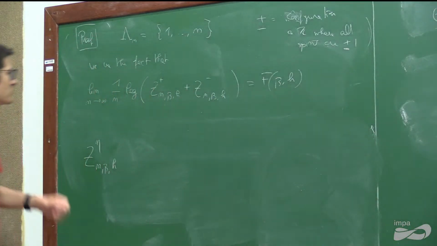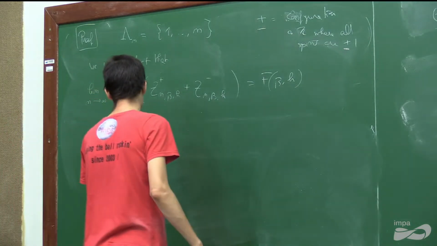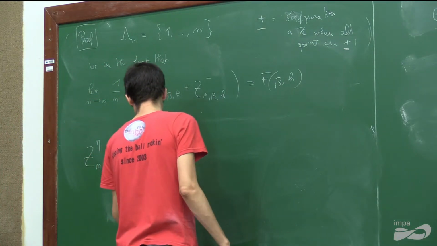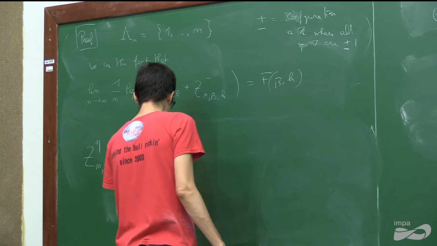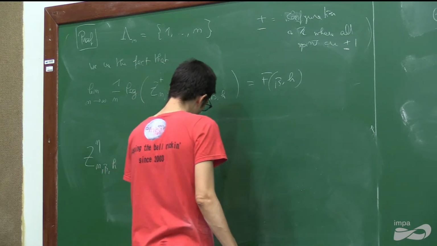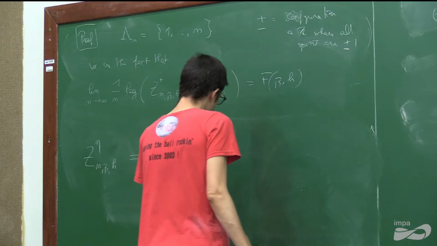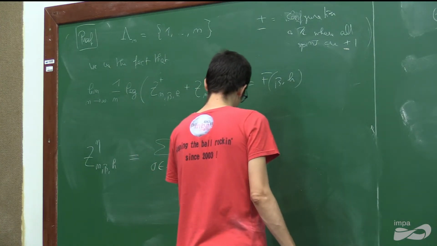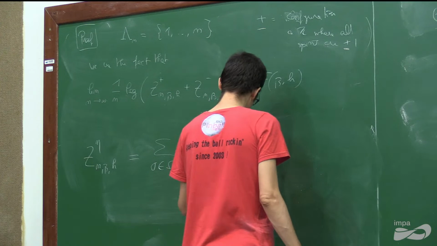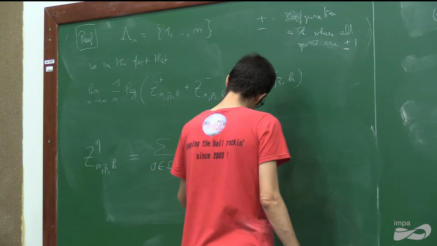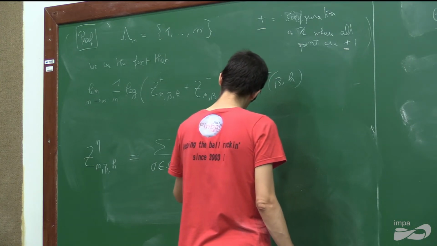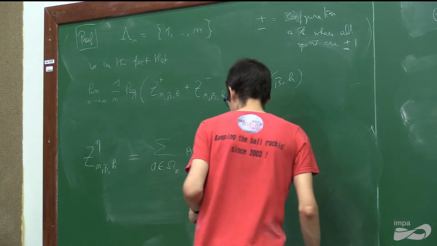So let us resume and now compute the partition function of this system with an arbitrary boundary condition. This is just the sum over all spin configurations of exponential of the Hamiltonian H_Λ,β,h,η.